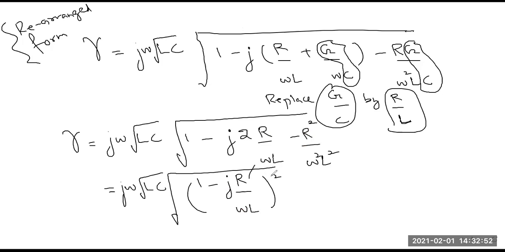So this under root and this square will cancel out. So we get simply j omega LC under the root into 1 minus j R divided by omega L.